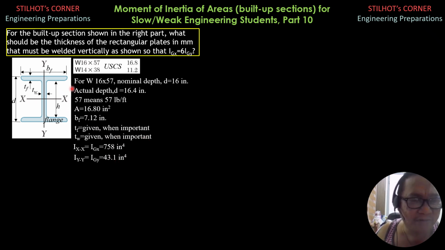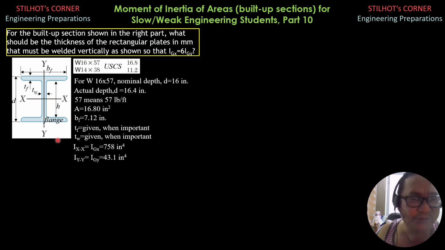So take note of symmetry. That's why half of BF will no longer be given. And the location of the centroid will also not be given because the section is symmetric with respect to both axes.